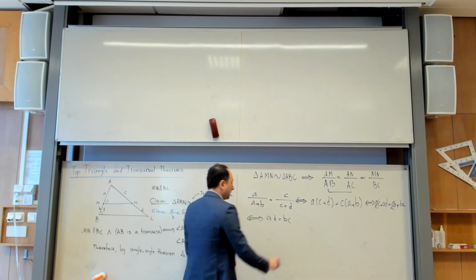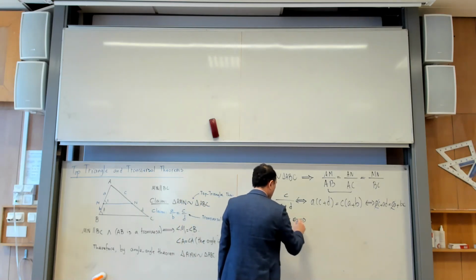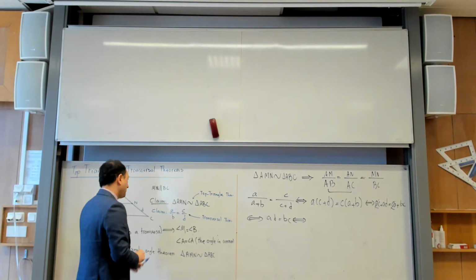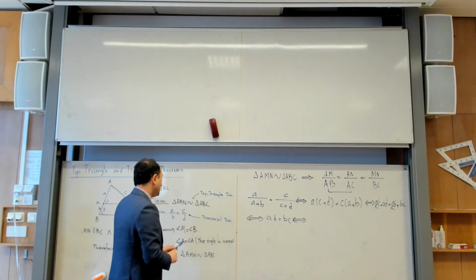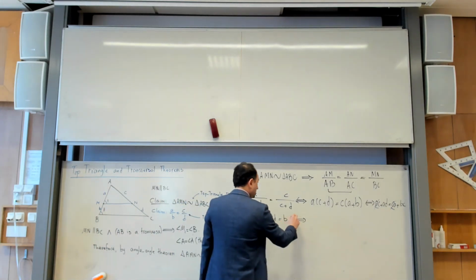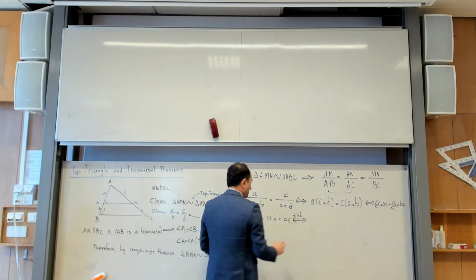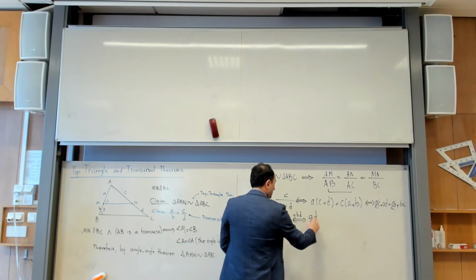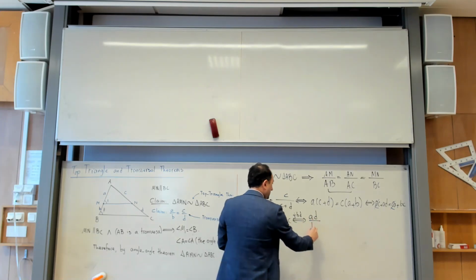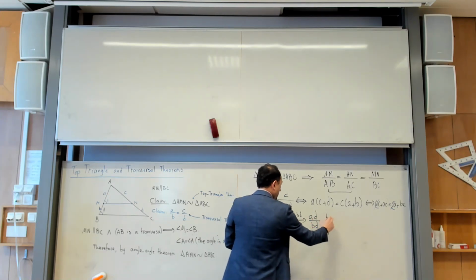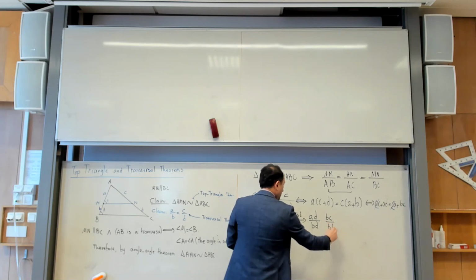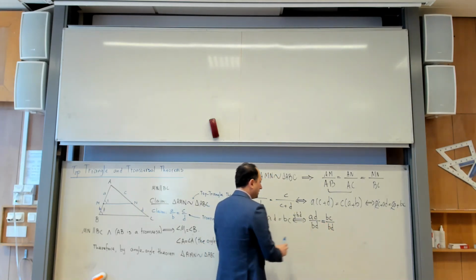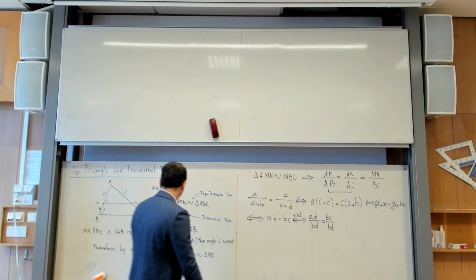And then the one last step is to divide everything by bd. So I divide everything by bd. This number is equal to that number. So if I divide the left-hand side by bd and the right-hand side by bd, these two should also be equal. But then the nice thing is, what happened here?